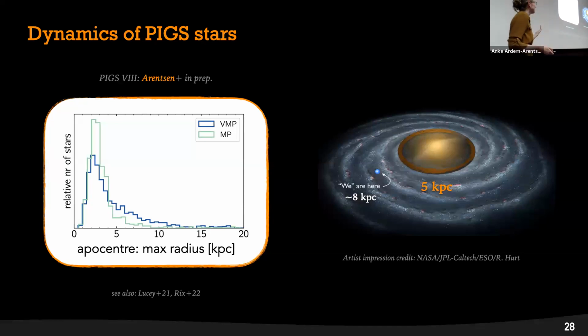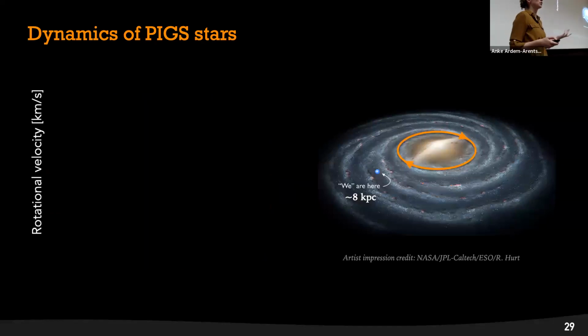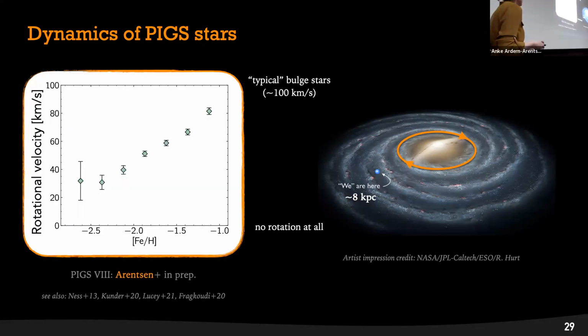And then what about the regularity of their motions? Are they going around the galactic center together as a group, or do they have no net rotation, no net angular momentum? So what we find is that in this graph, we're showing the metallicity as a function of the rotational velocity, where here at 100, you have where typical bulge stars are, like metal-rich stars.